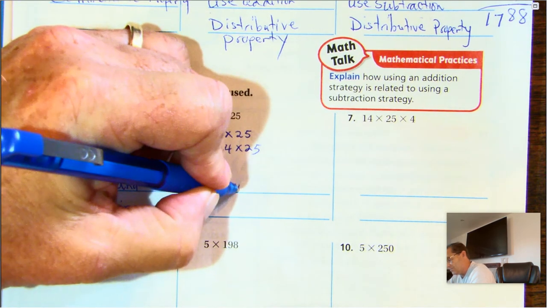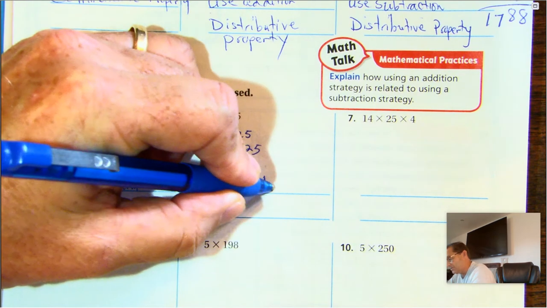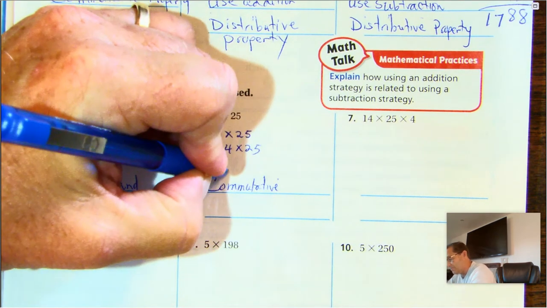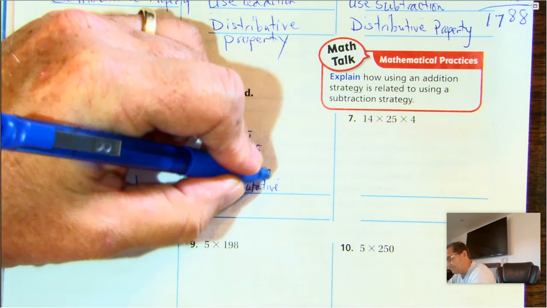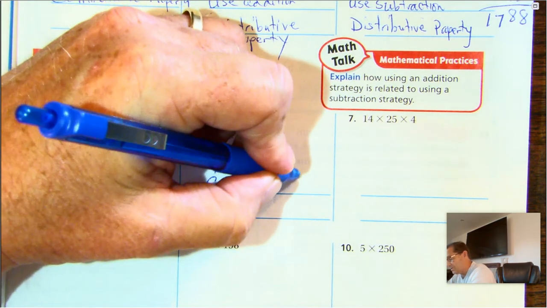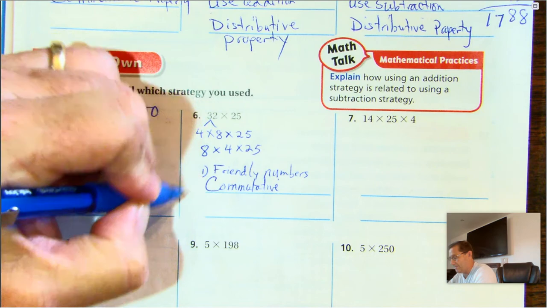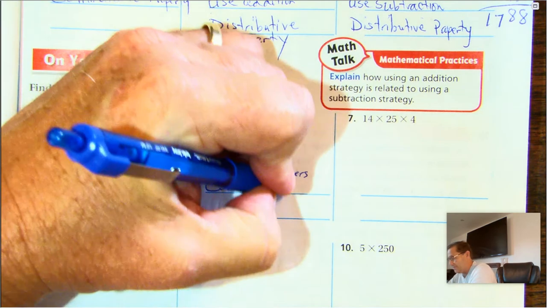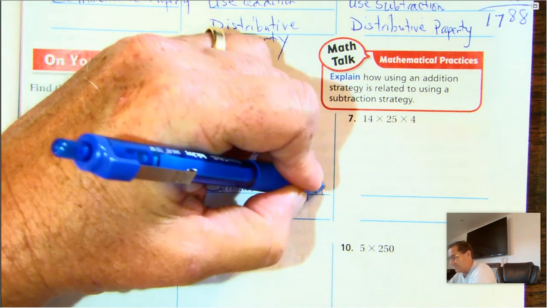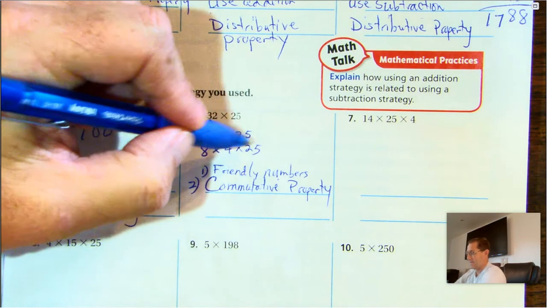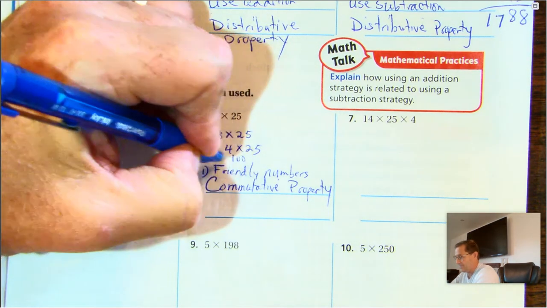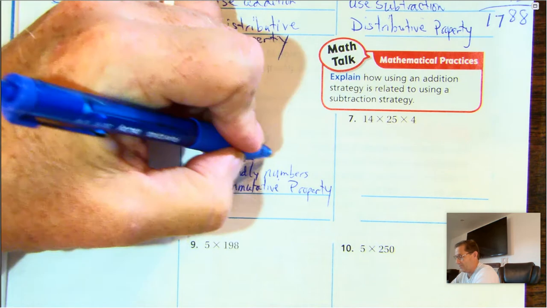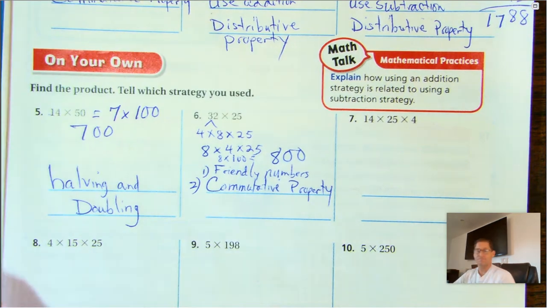So that's commutative property. That allows us to switch the order, but I started with friendly numbers. I broke up the 32. So 1, friendly numbers, 2, commutative property. All right, so now 4 times 25 is 100. And 8 times 100 is 800.